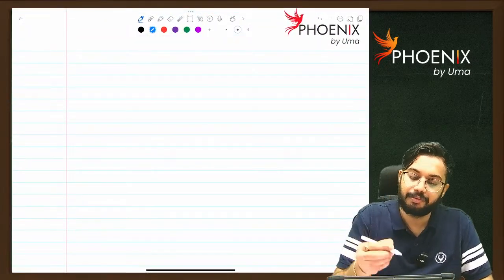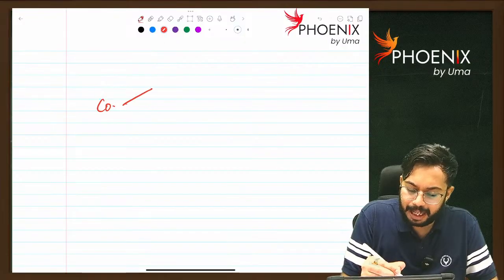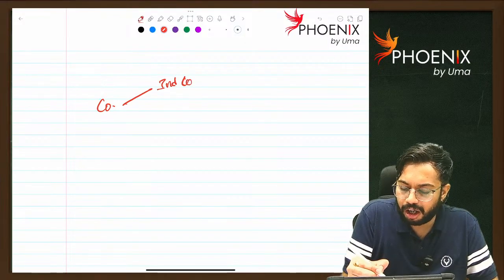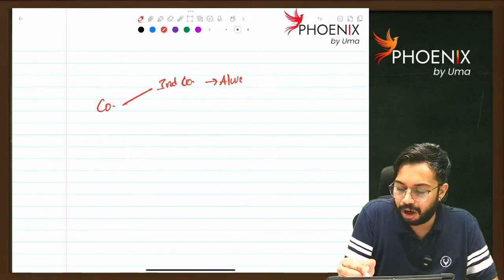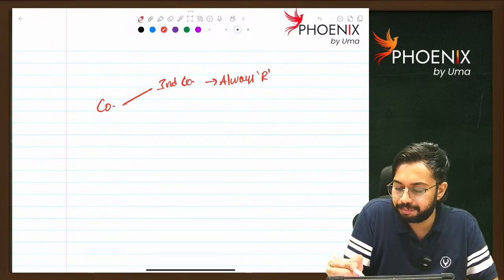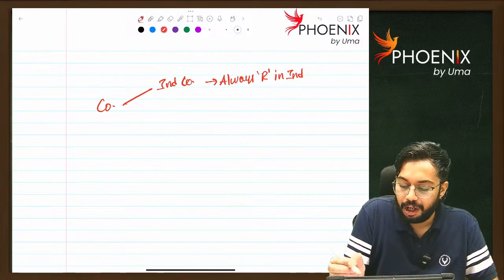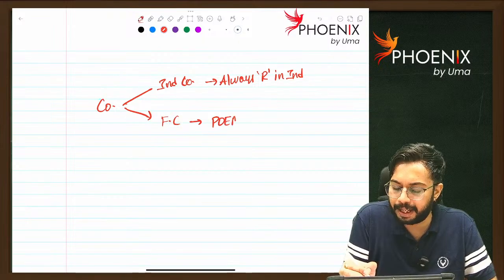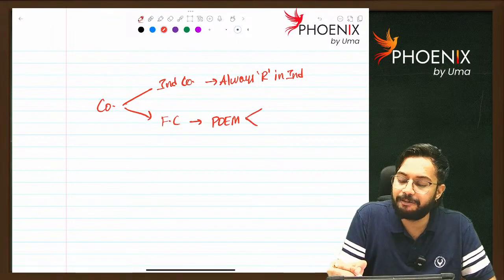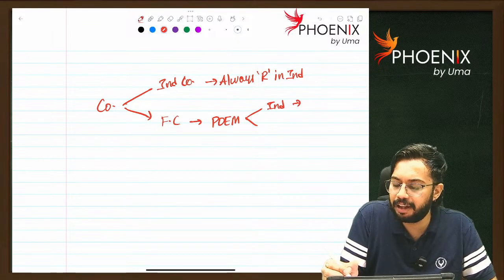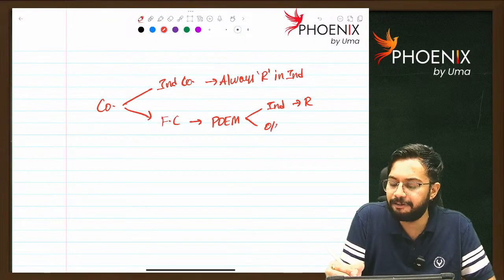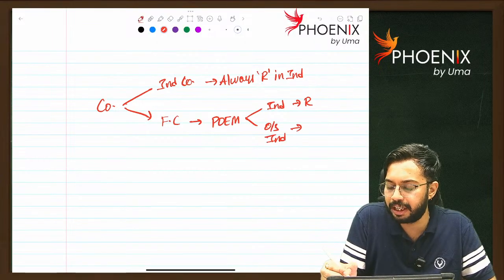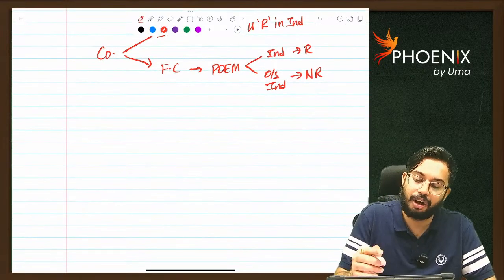Company: if the company is an Indian company, it is always resident in India. If the company is a foreign company, we will check place of effective management. If place of effective management is in India, that foreign company is resident. If place of effective management is outside India, then that company is non-resident.